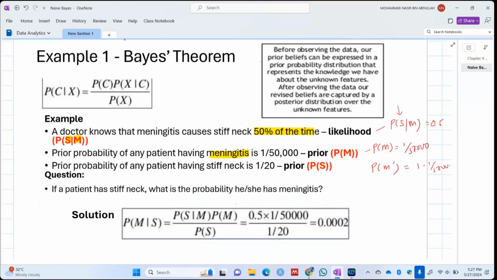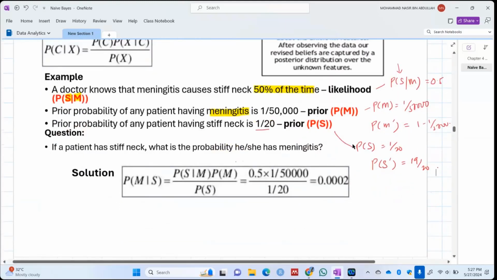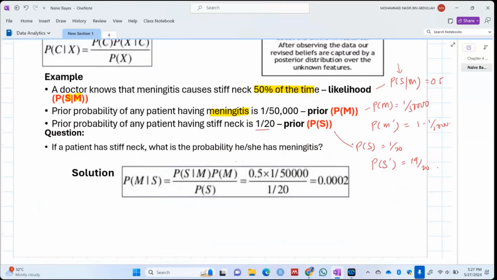The prior probability of a patient having a stiff neck, the probability of stiff neck, is equal to 1 over 20. A patient who does not have a stiff neck is 19 over 20. Okay? So we want to find the probability that a patient has meningitis given that he has a stiff neck.